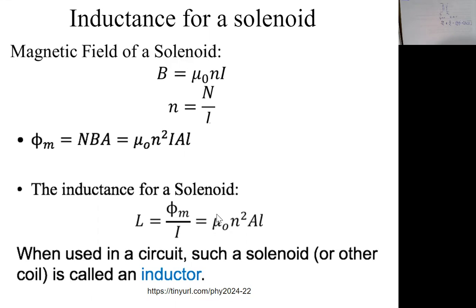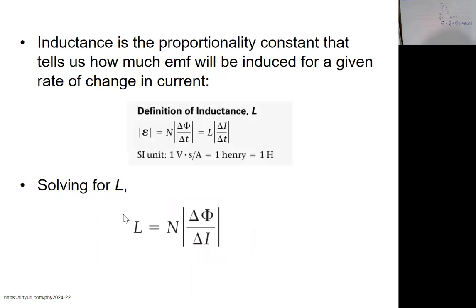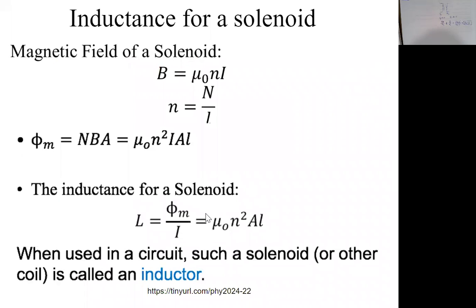In this case, we already have the capital N, the total number of turns, included, so we don't have another capital N here. The magnetic flux phi is already N times it.